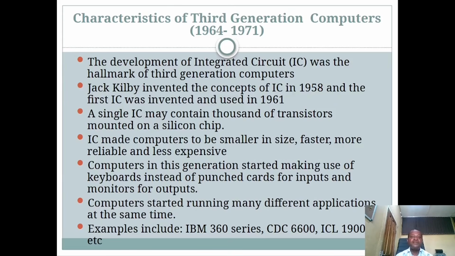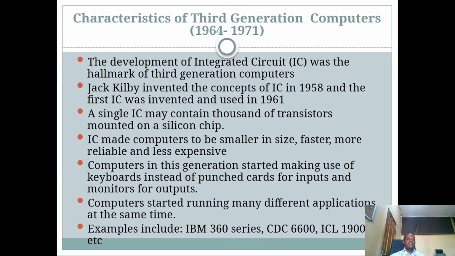The development of the integrated circuit was the hallmark of third generation computers. What does it mean? It means that the integrated circuit marked the major technological component of third generation computers. That means that the circuits were made up of ICs. So we call it integrated circuit.